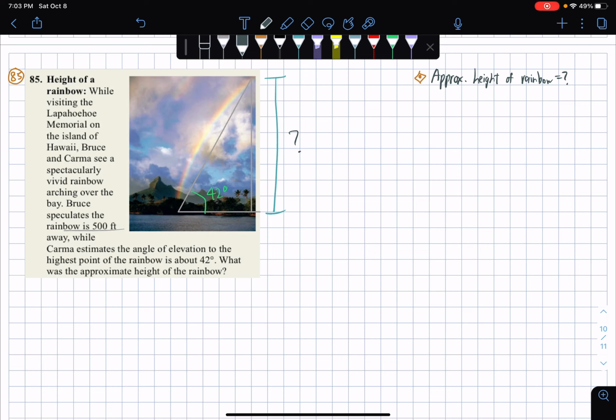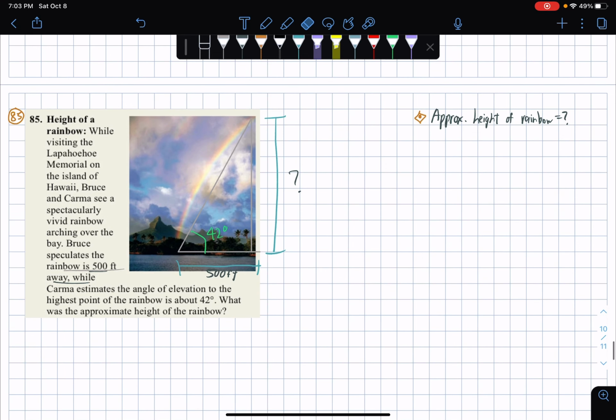And the rainbow is 500 feet away. This might be the 500 feet. We need to find the approximate height of the rainbow.